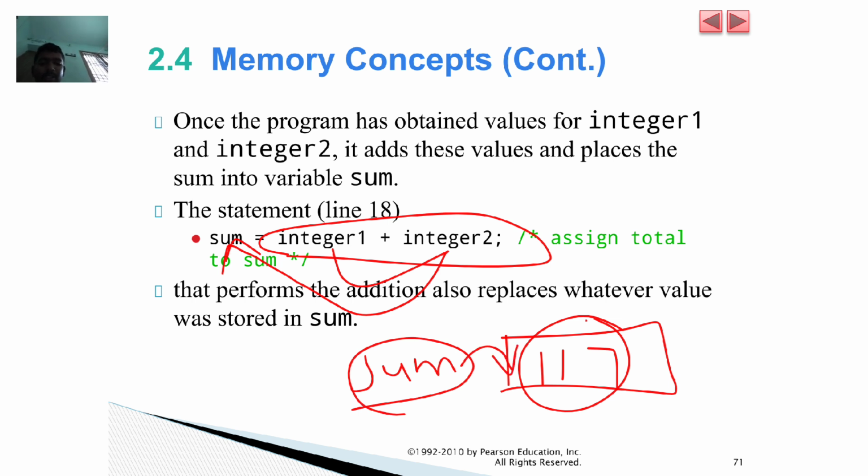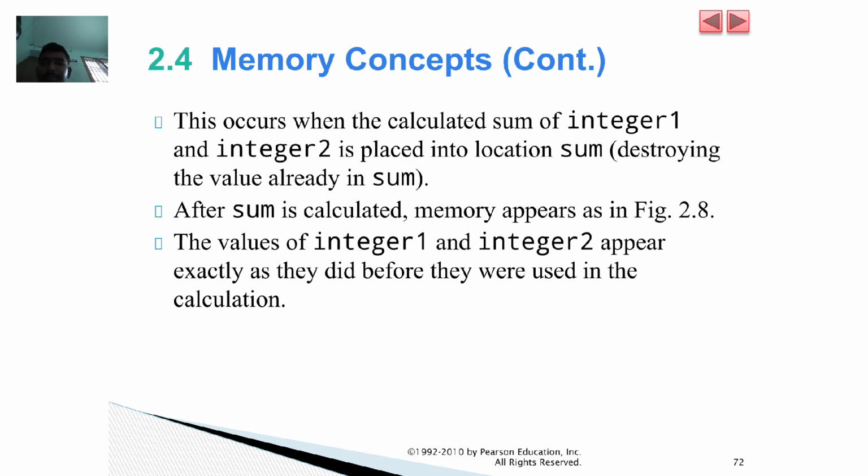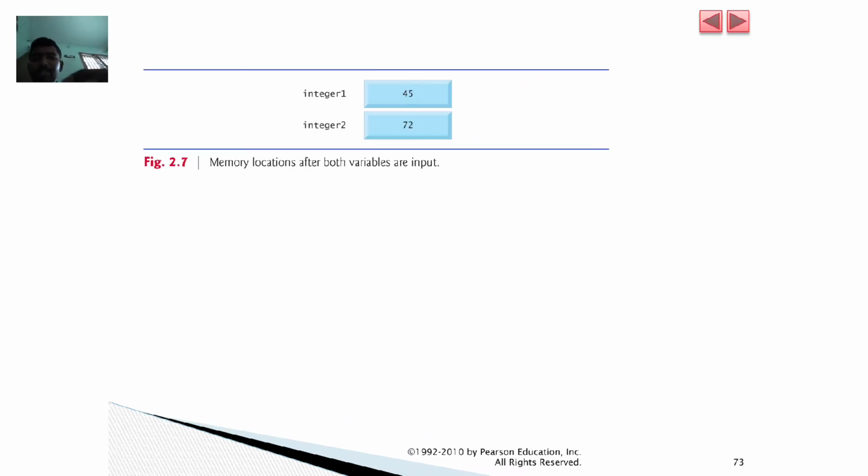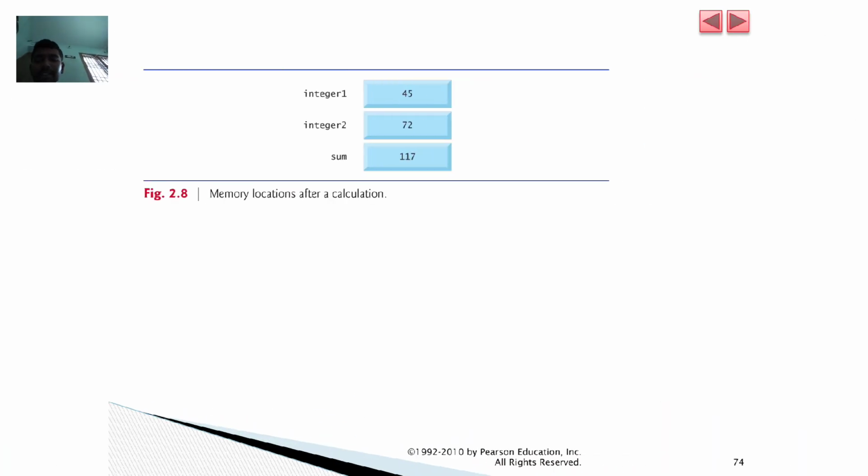To that address the value should be assigned. After calculating the sum, it is moved into the memory of the variable sum, as I told you previously. After the update, it stores the sum of 45 and 72, which is 117.